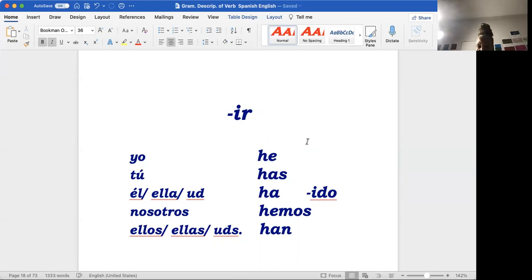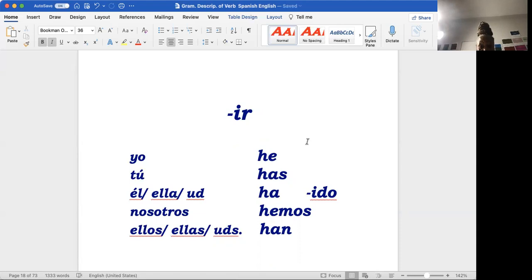We have an example, vivir. So we take off the IR. We're working with the simple form of the verb, the viv. So it's he vivido, has vivido, ha vivido, hemos vivido, han vivido. Don't forget, I pronounce my V's like B's. So that's the present perfect tense.